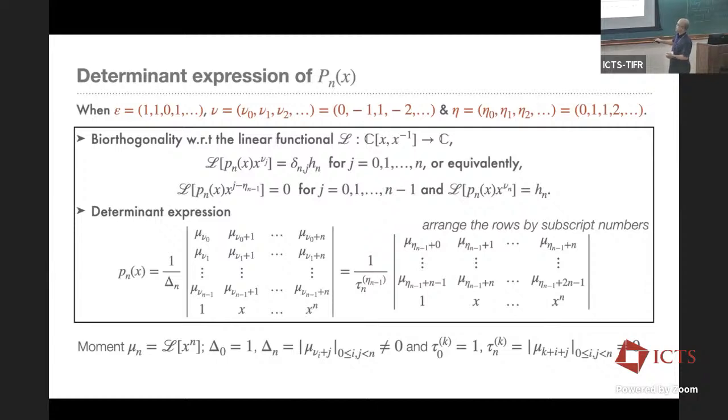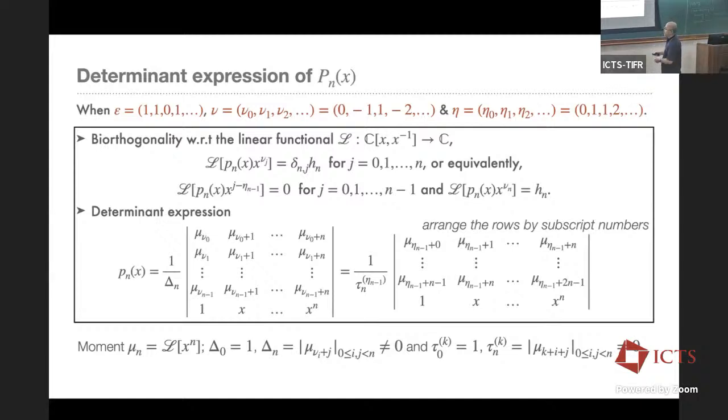Here, nu0, nu1, nu2 are 0, 1, and 0. The previous example was 0, minus 1, and 1, 2, and so on. That's the situation. But we can arrange the rows by subscript numbers, so from the bottom, eta n minus 1, then plus 1, plus 1, 1, plus 1. In some sense, this is very close to the standard orthogonal polynomial expression in terms of a determinant.